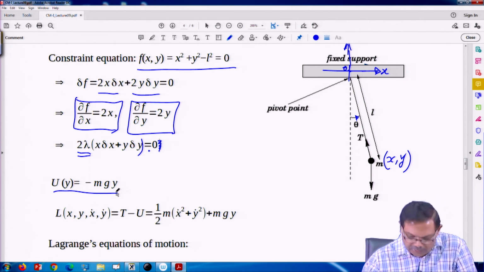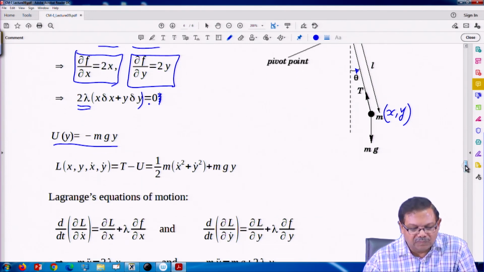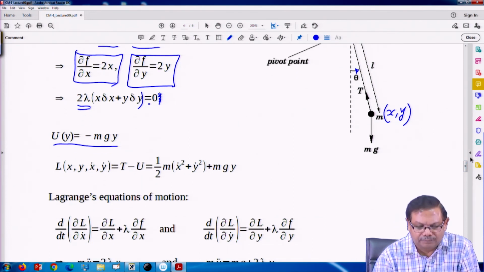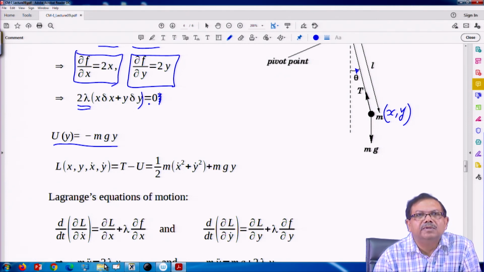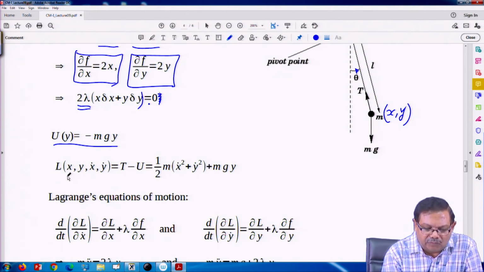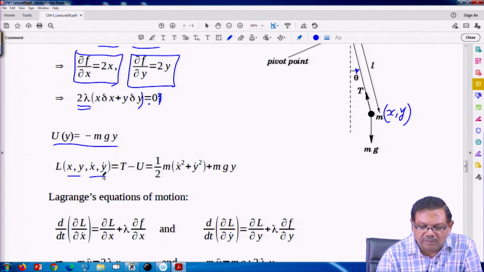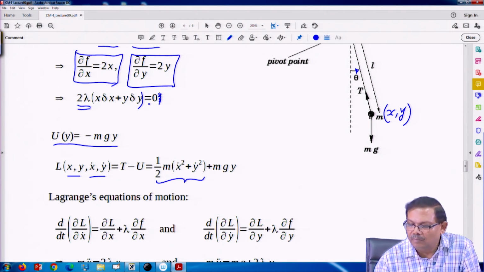Now I write down Lagrange's equation of motion. First I write the Lagrangian. So, the Lagrangian depends on x, y, x dot, y dot, and this is the kinetic energy of the bob, and this is the potential energy.